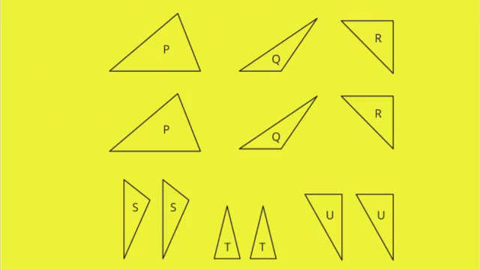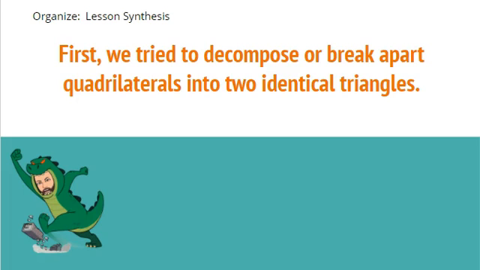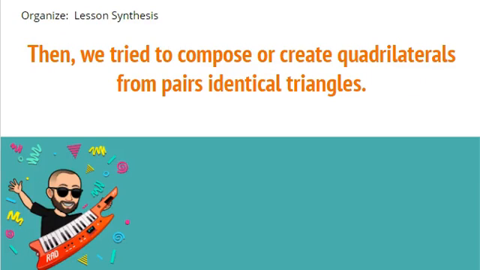Okay. All right. So what does that all mean? Well, first we tried to decompose or break apart quadrilaterals into two identical triangles. We found that not all quadrilaterals can make two identical triangles, but parallelograms, we can make identical triangles. We also found that we could put pairs of identical triangles together and make quadrilaterals, and we could also use those same pairs to make parallelograms as well.